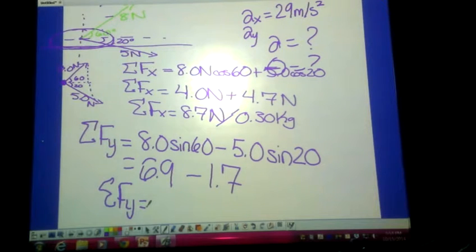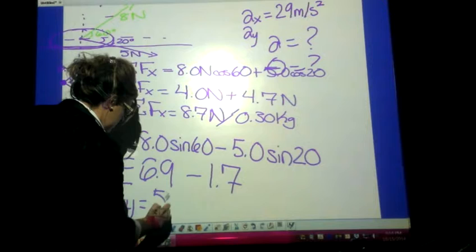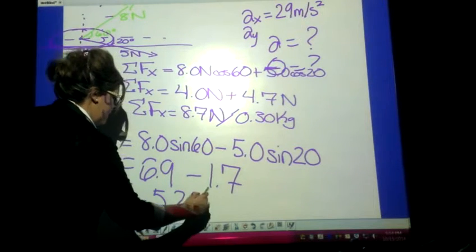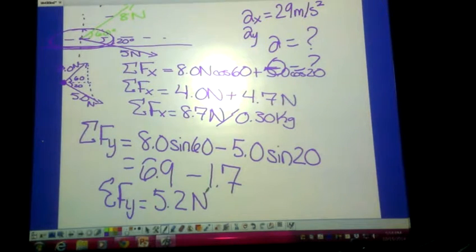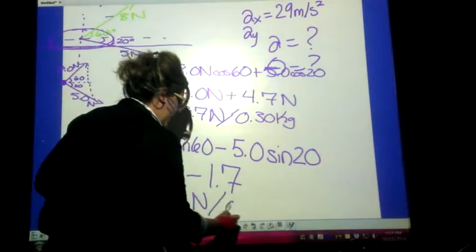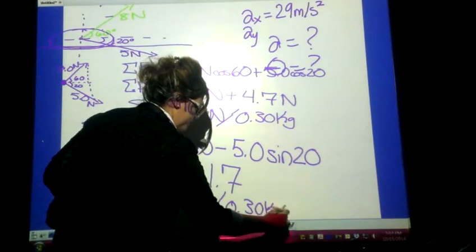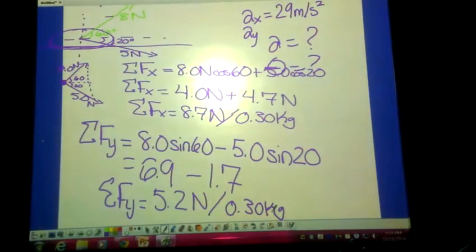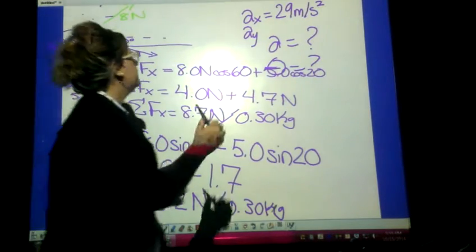So the sum of the forces in the y direction is going to be equal to 5.2, and that would be newtons. So then to find the acceleration in the y, let's divide by the mass, 0.3. And that means my acceleration in the y would be 5.2 divided by 0.3, 17.4.